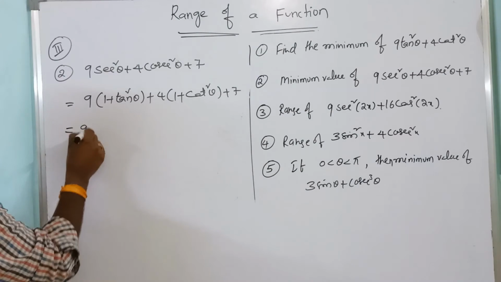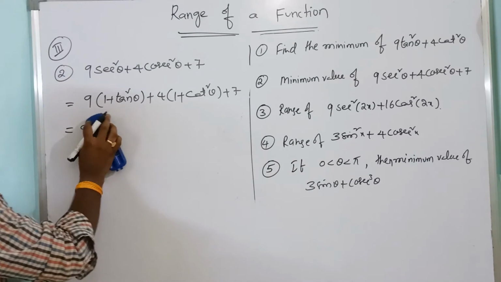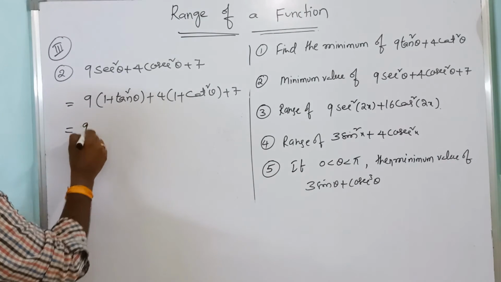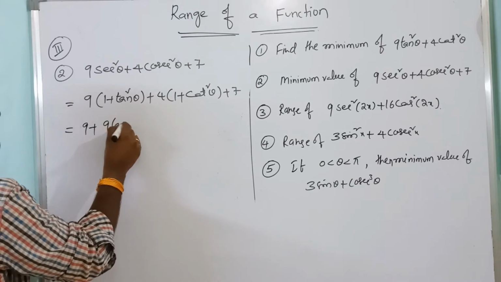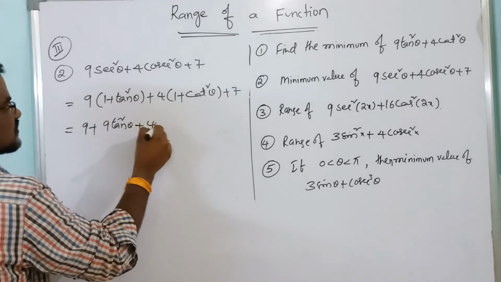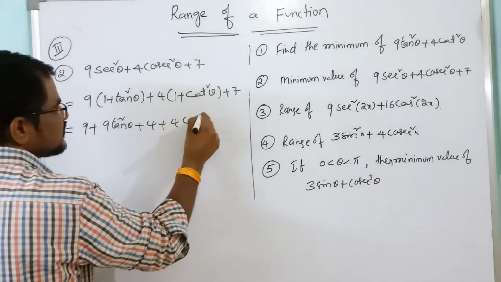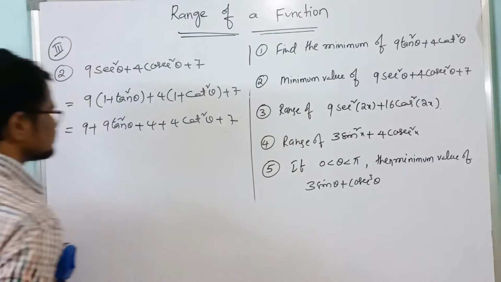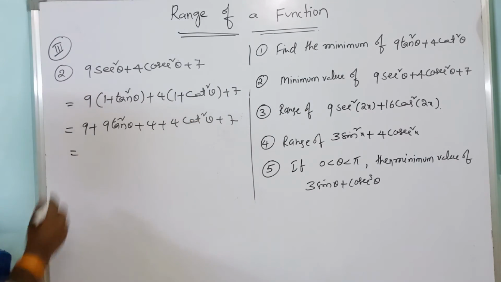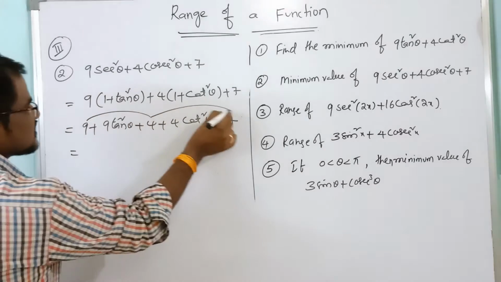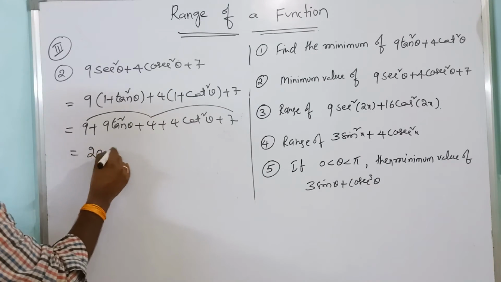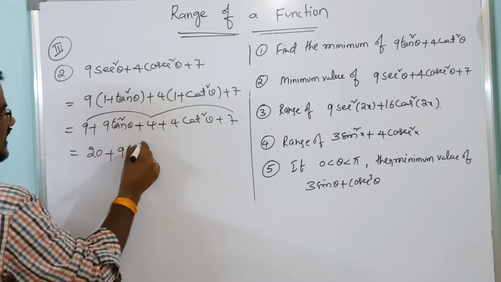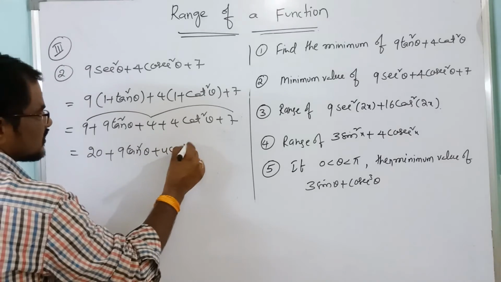Multiplying with 9 here, that is 9 plus 9 tan square theta plus 4 cot square theta plus 7. Now here 9 plus 4 is 13, plus 7 is 20, plus 9 tan square theta plus 4 cot square theta.